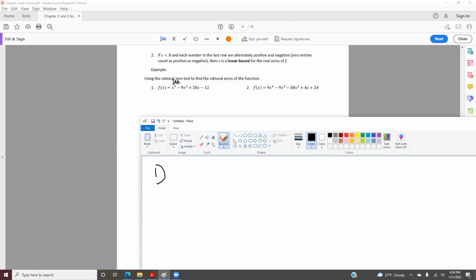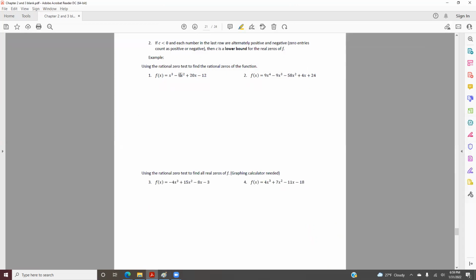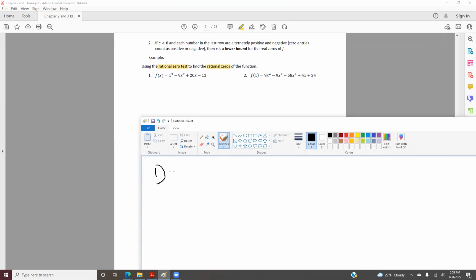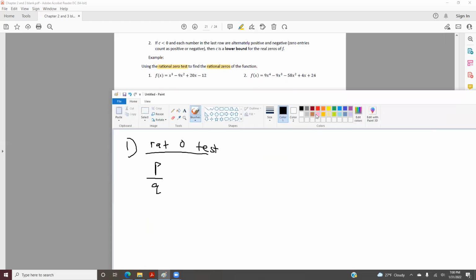This question is asking us to use the rational zero test to find the rational zeros. So first we have to do the rational zero test. That means P over Q. Can someone tell me, by looking at question 1, what is the P and what is the Q?